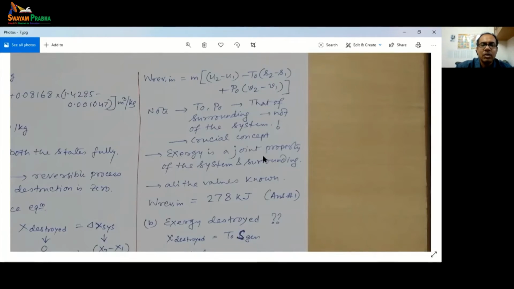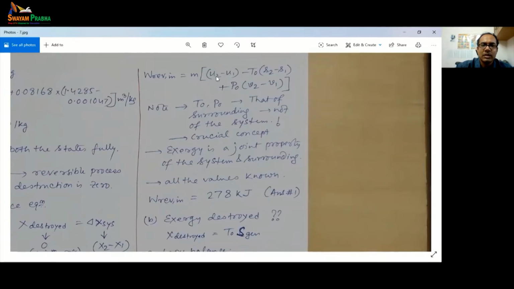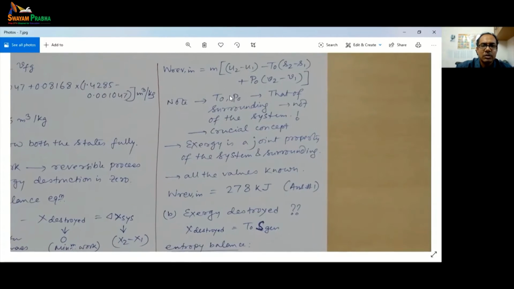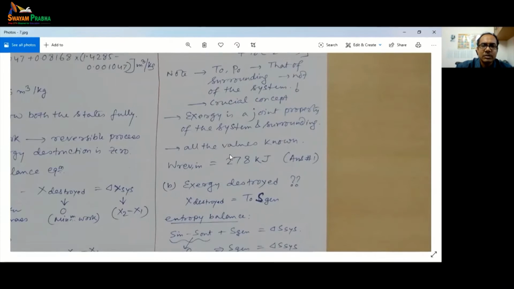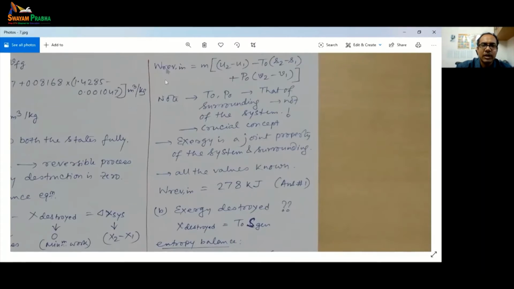Now all the values here we know: U2, U1, T naught, S2, S1, V2, V1 and P naught, and the mass we have also found out. So just put those values and you can calculate the reversible work input as 278 kilojoule.